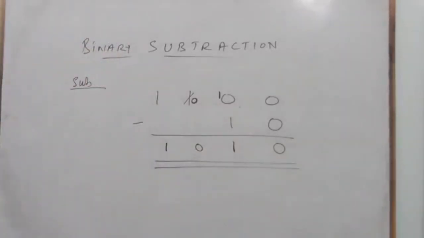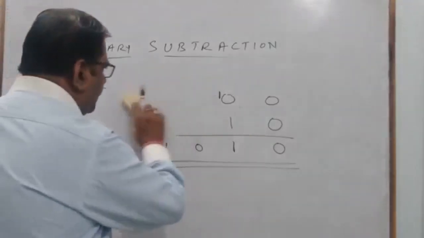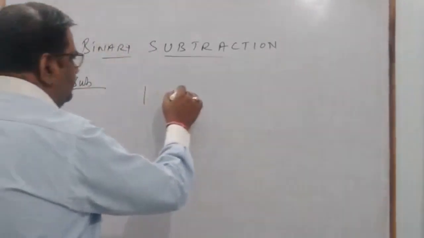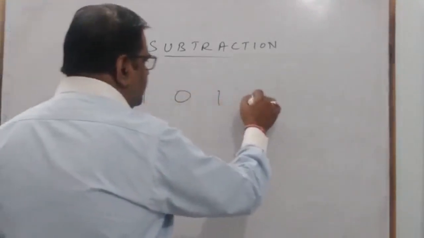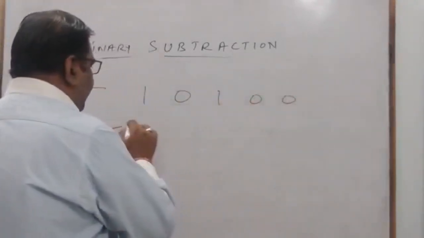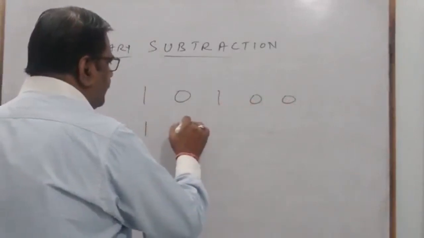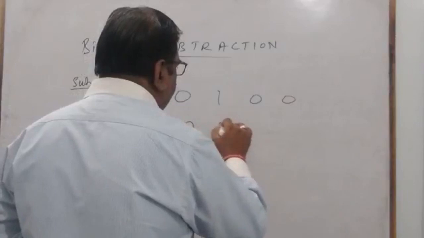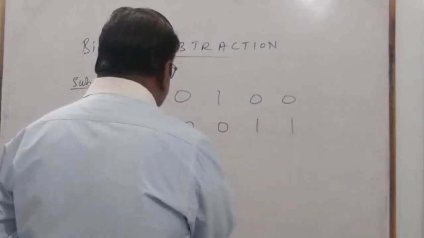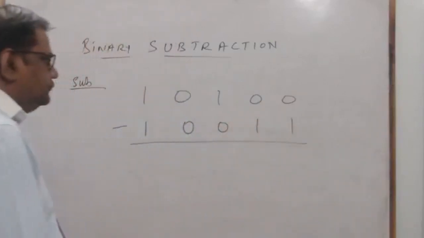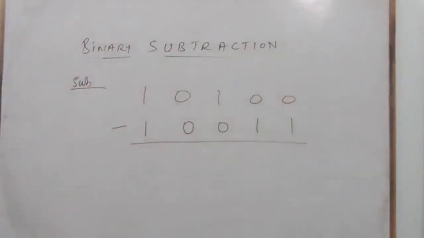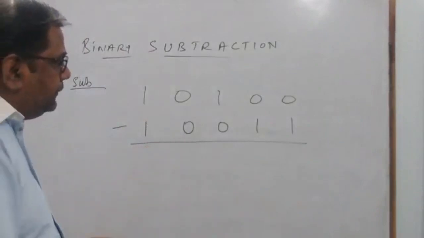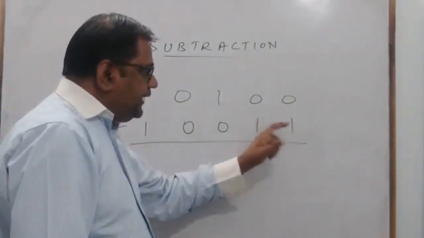Let's do one more. 10100 minus 011. So when we are subtracting it, can we subtract 1 from 0?